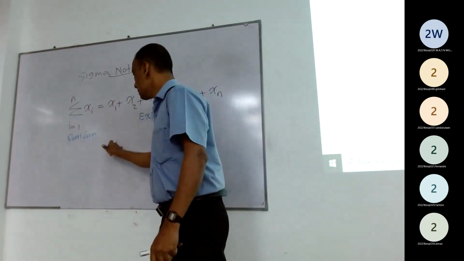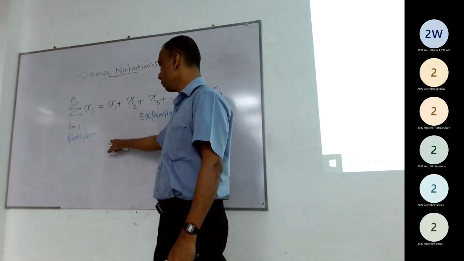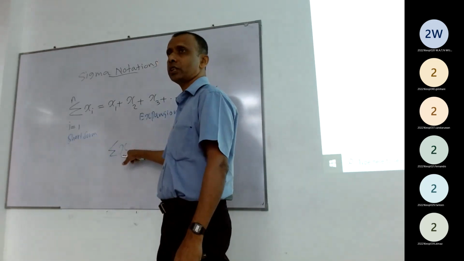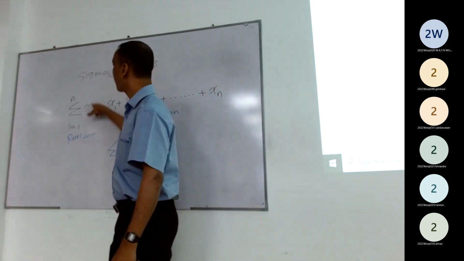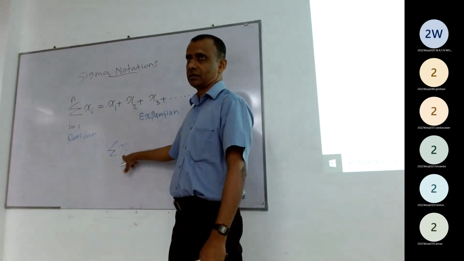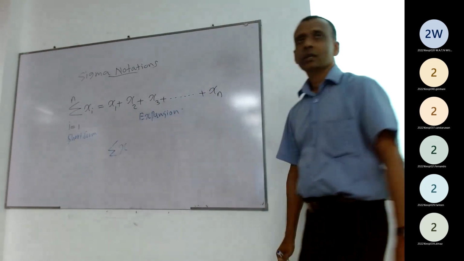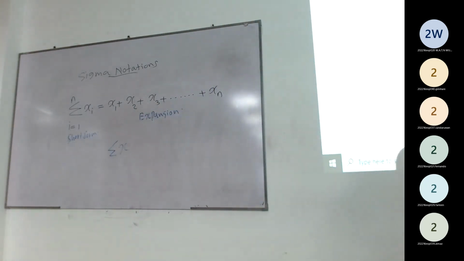In formulas, you see sigma x, not i equals 1 to n x i. Normally this is represented by sigma x. This expansion we can't use in formulas. If you have thousands of observations, how can you write thousands? Therefore, in brief, we write it this way.